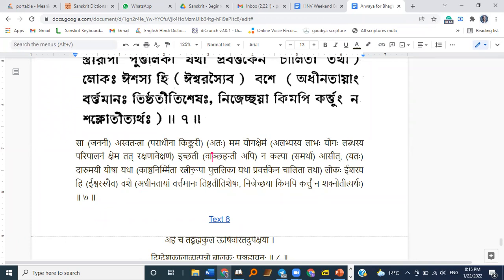So a doll of a woman, Stri. Just like that doll is controlled by someone else, Pravartakena, the controller, Chalita, making it move. Similarly, Tatha, this world, Lokaha, is situated, tishtati, under the control of the Lord, the Supreme Controller, Ishwarasya Vashe tishtati.